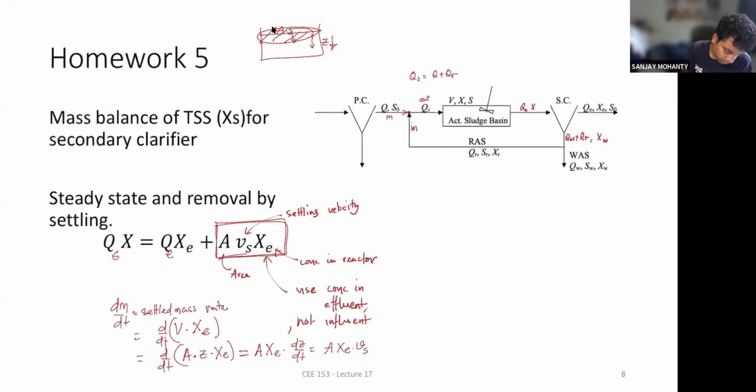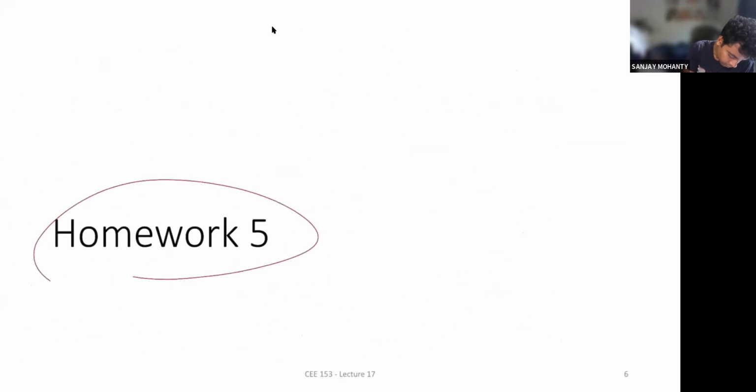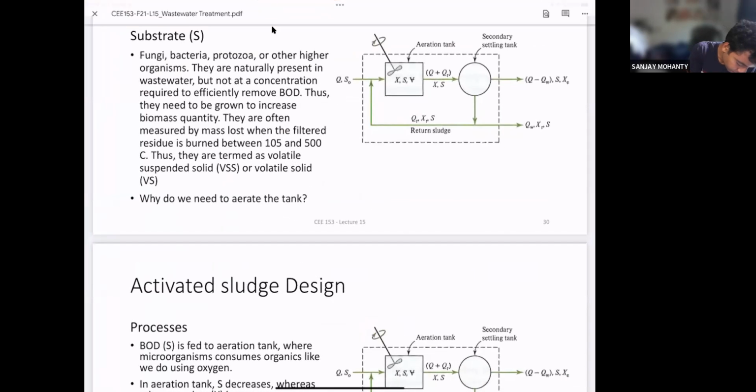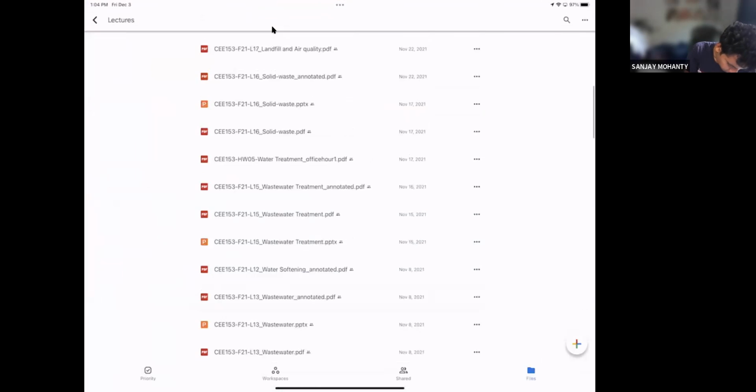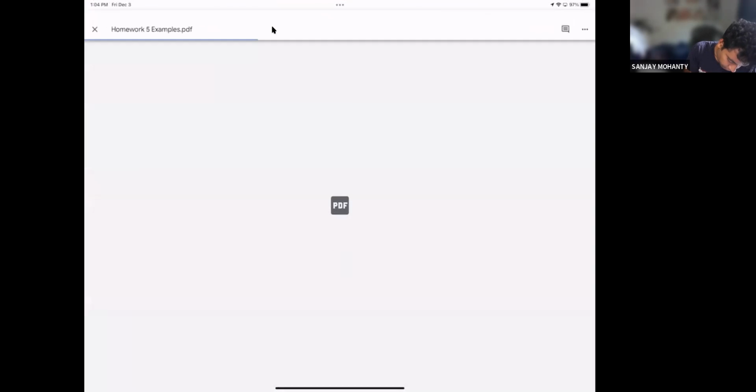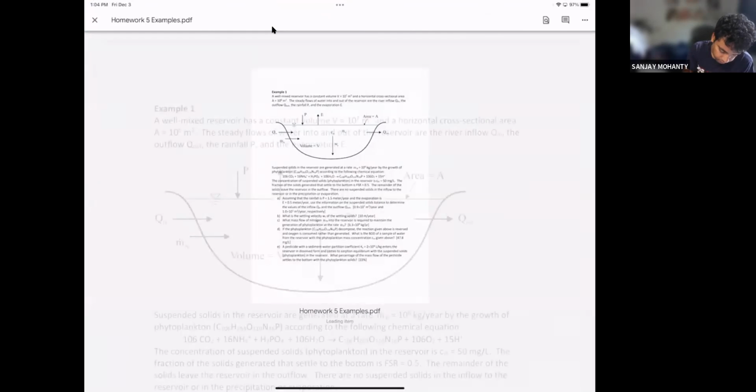I'm going to suggest that you look at this example homework. That's where we derive all the mass balances. Example homework 5. Let me check the folder. So these are the documents.